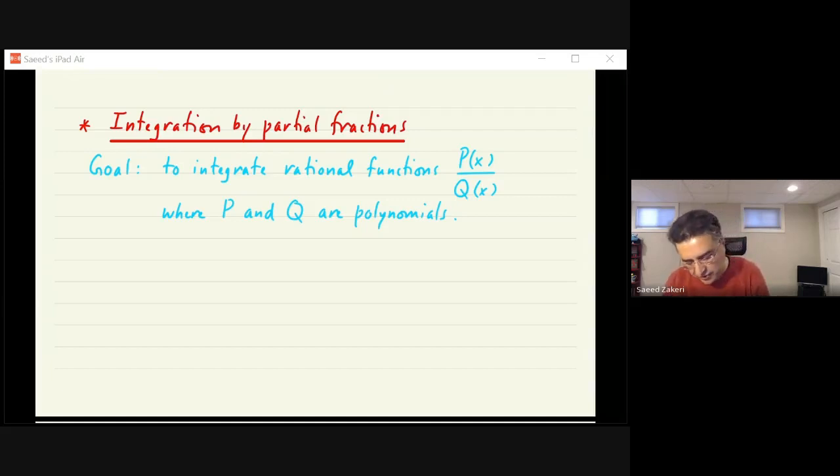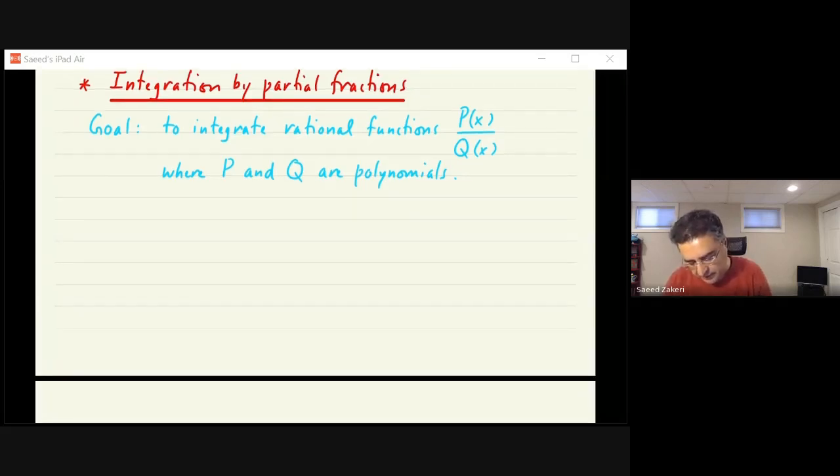So let me show you how this method works by a bunch of examples. Now, the first example is not really an example because it's very simple, but we're going to use it in the upcoming integrals. What do I have? Let me take a look at the examples that I have here. How about this? 1 over 3x plus 2.